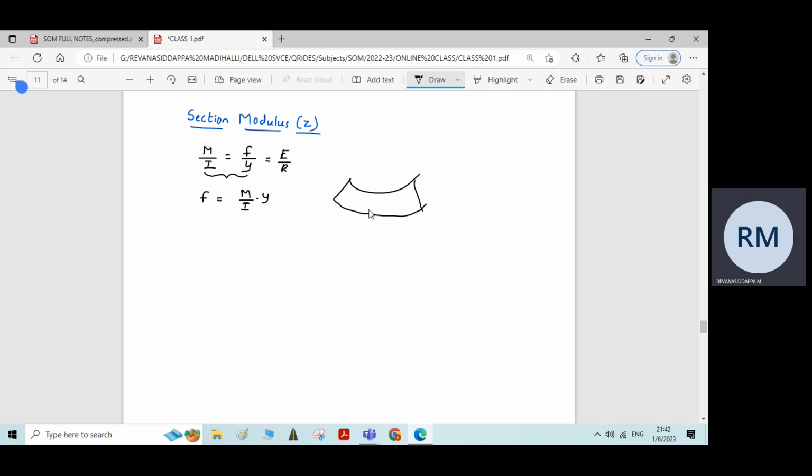Correct? The bending stress will be maximum at the extreme fiber.